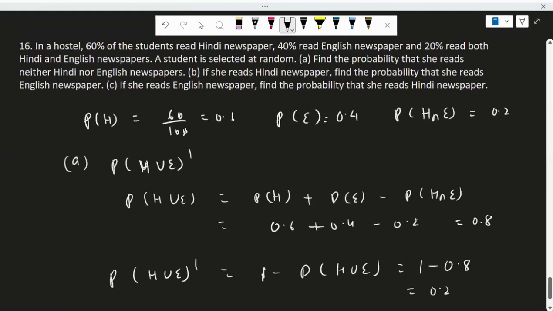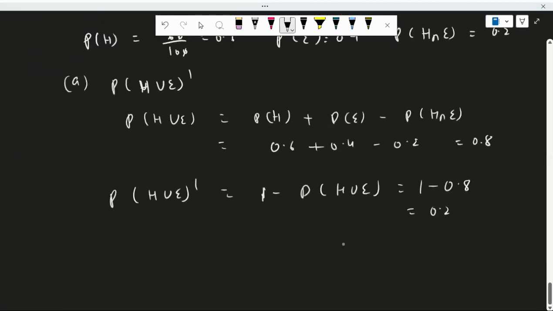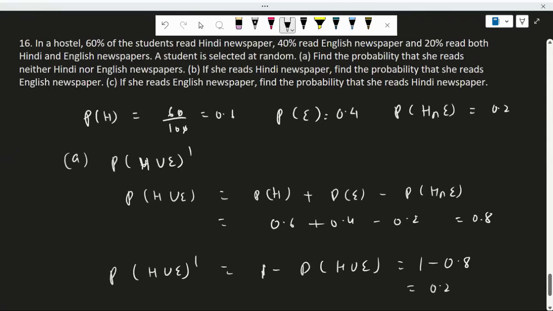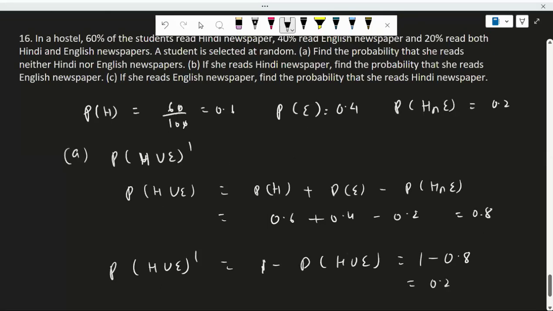Now B part. If she reads the Hindi newspaper, find the probability that she reads the English newspaper. If shows the condition. Listen to me carefully. If the word starts with if, provided, or given that, it shows the condition.